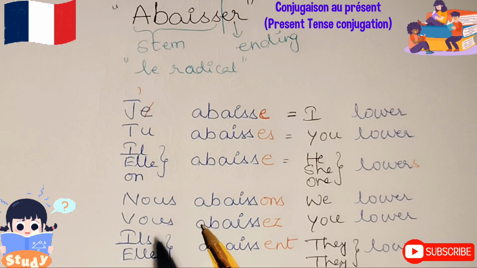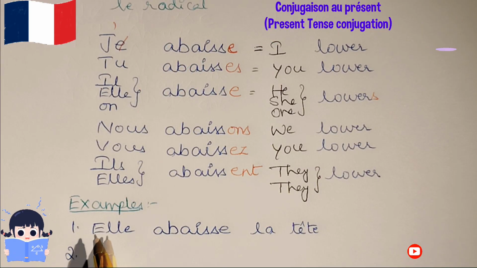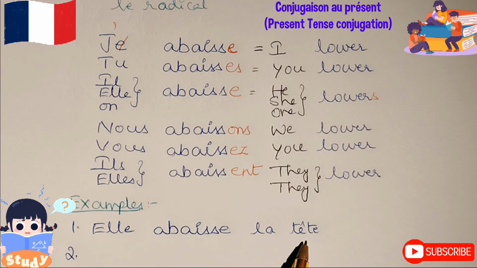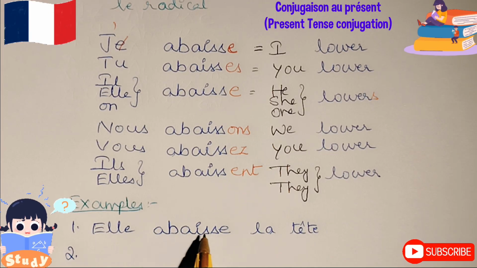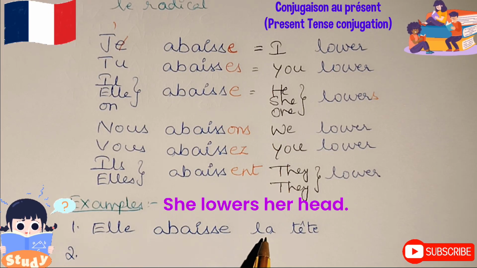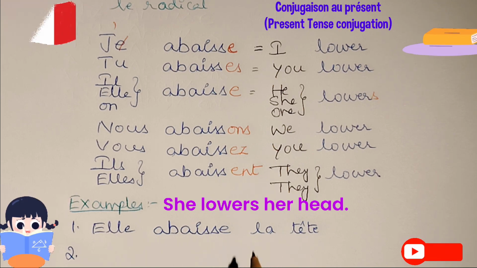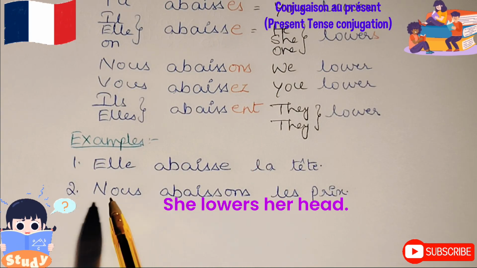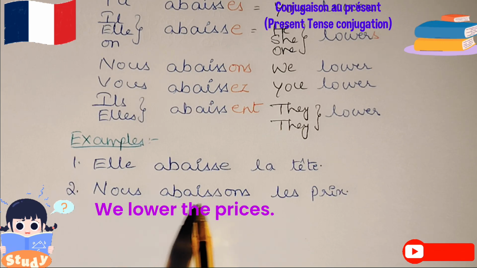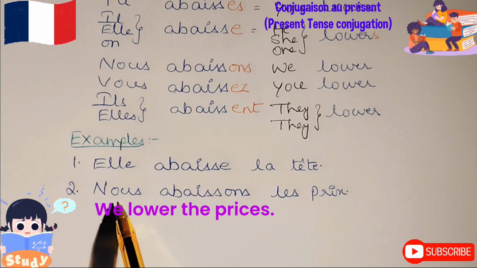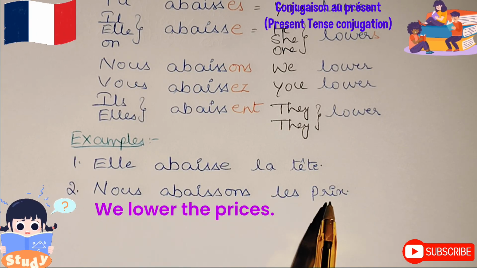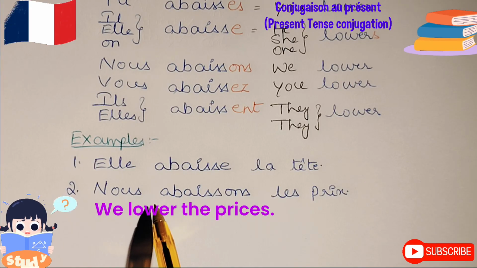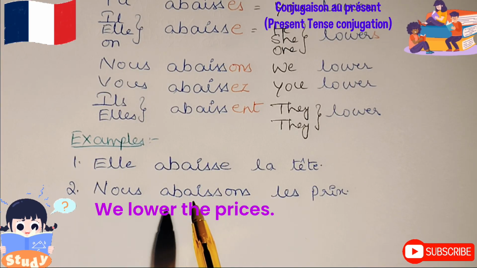Now let us see a few examples. First one is elle abaisse la tête, which means she lowers her head. The next one, nous abaissons les prix. We lower the prices.